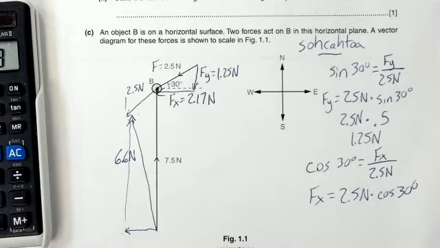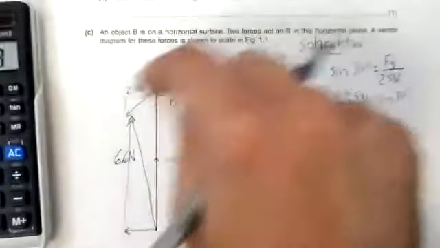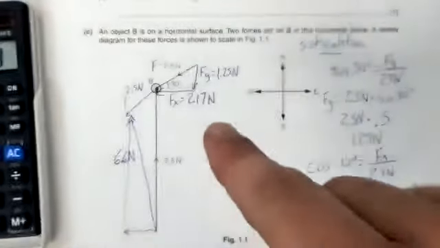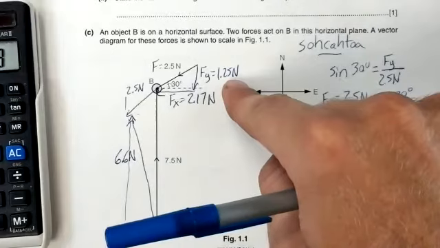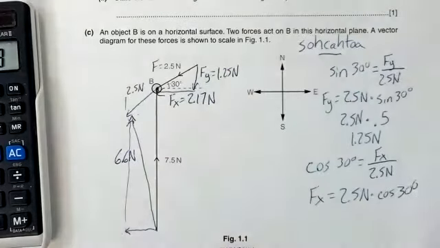Lucas. It's not 7.5 minus 2.5, because that's not vertical, right? The 2.5 goes this way, but it's 7.5 minus 1.25, right?